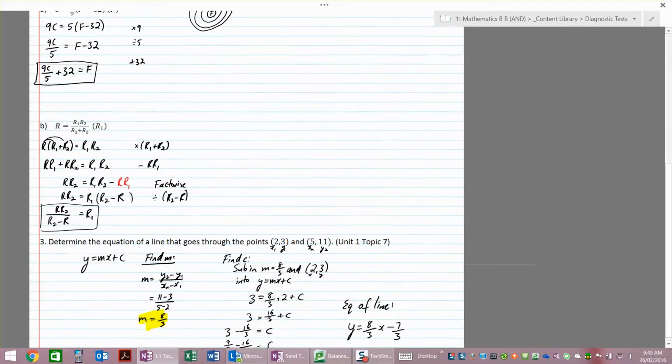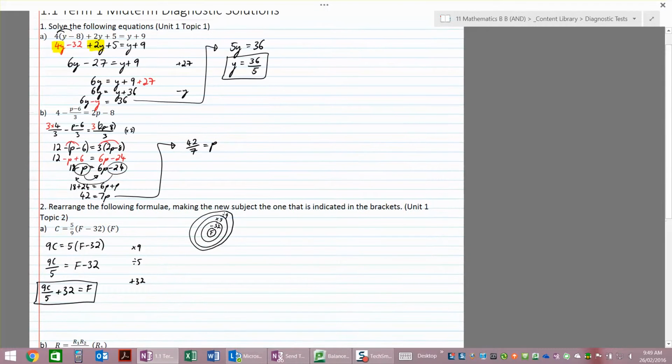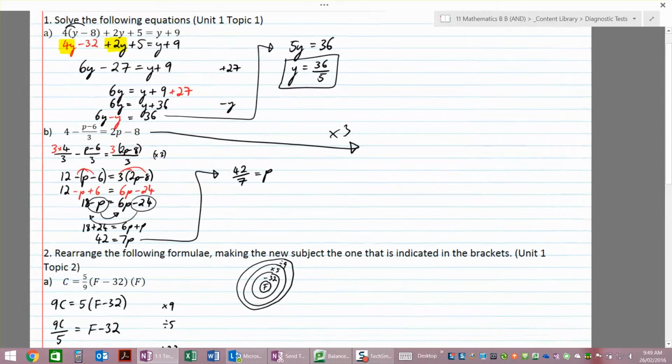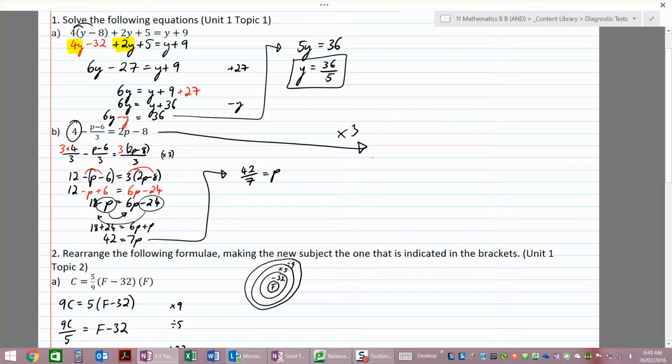I actually forgot to just show on this question, some people tried to just times everything by 3. If you're going to do that, you need to times all of these 3 terms by 3. So you'd go 4 times 3 is 12. This next term times 3 would be minus 3 lots of p minus 6 on 3.